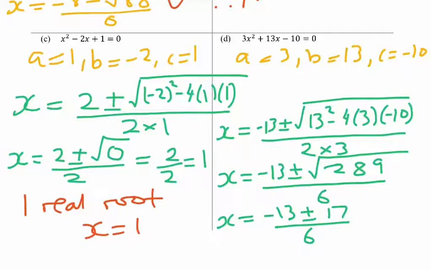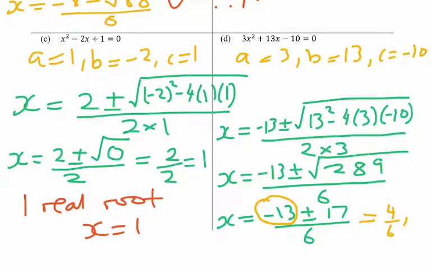Now, let's have a look. So, I've got -13. I'm going to add 17 and then divide by 6. So, that's going to give me 4 divided by 6, which is 2/3.